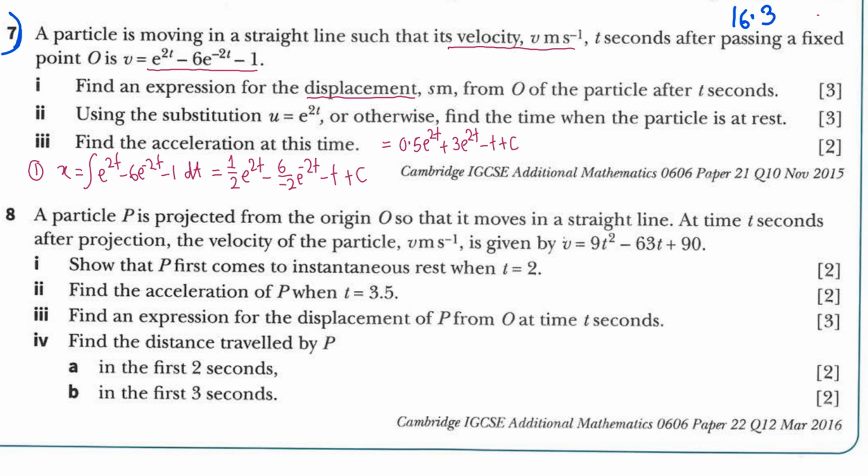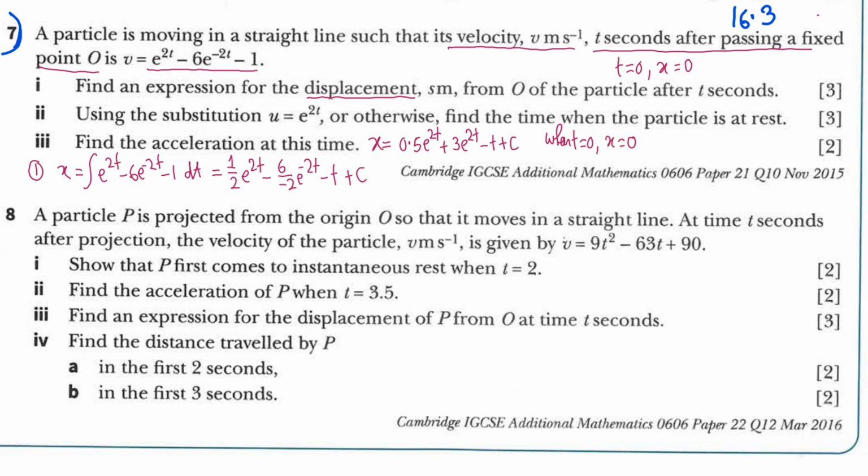Now we have to find the value of c from here. It is written here: t seconds after passing fixed point O. It means that when t equals 0, the displacement is 0 as well. So let me put this value in our equation to get the value of c. When t equals 0, x is 0 as well.